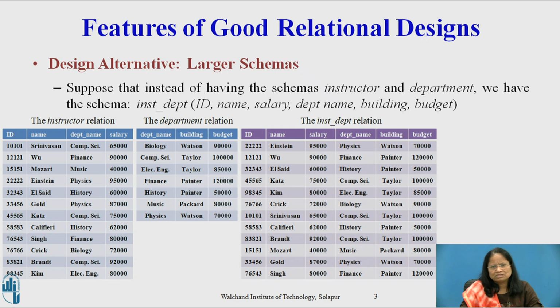This is because the tuples in the instructor-department table require values for ID, name and salary. This means that we cannot record information about a newly created department until the first instructor is hired for the new department. In the old design, the schema department can handle this, but under the revised design, we would have to create a tuple with a null value for the building and the budget.